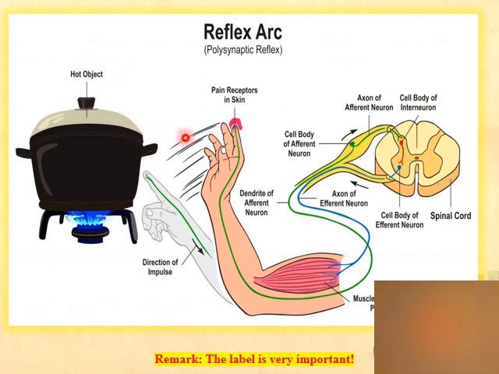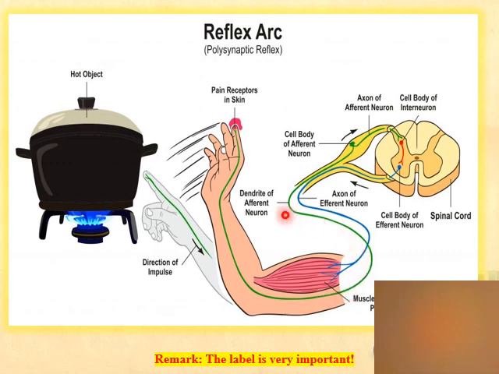Once the hand touches the hot object, the pain receptors in the skin receive a stimulus. The stimulus is going to be taken, listen please, it's very important, by the long neuron, which is represented by the green pathway.